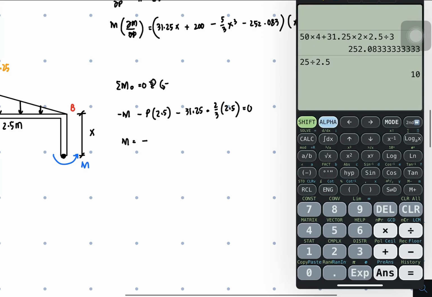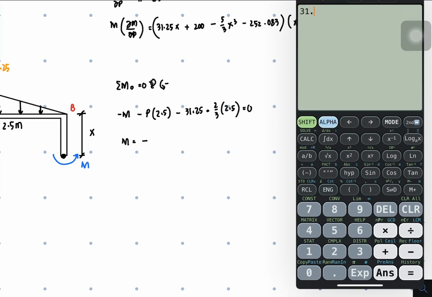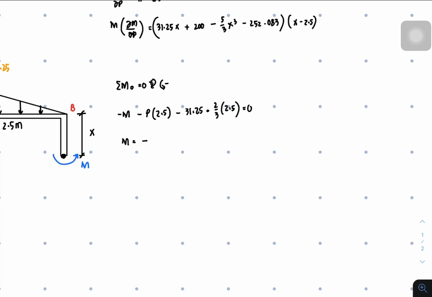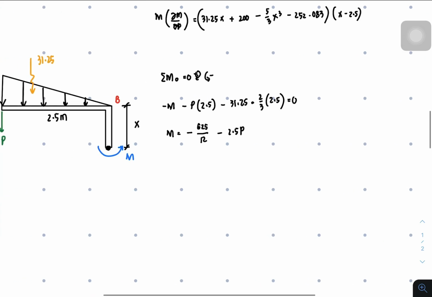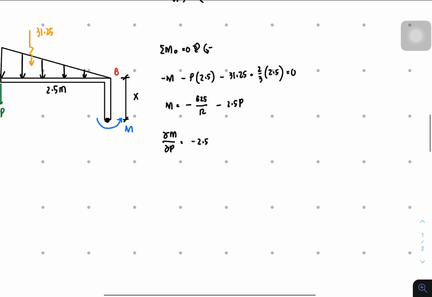How? What is 31.25? So 31.25 times 2 times 2.5 divided by 3. It's 625 over 12. So 625 over 12 minus 2.5p. And the partial derivative with respect to p is negative 2.5.